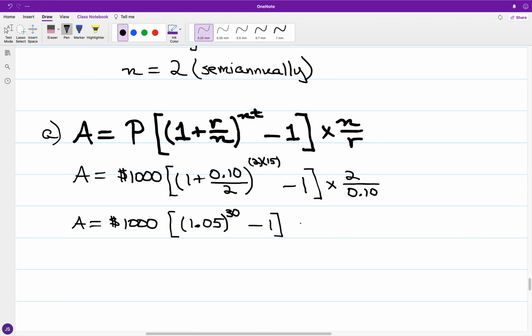And 2 divided by 0.10 is going to be 20. For the compounding of interest, 1.05 to the 30th is a little over 4.3. For this number, you're going to take away 1. And again, 2 divided by 0.10 is 20.